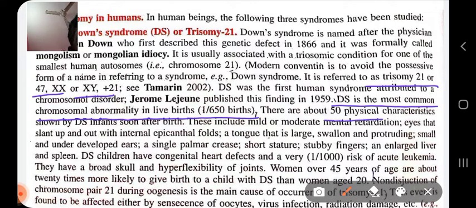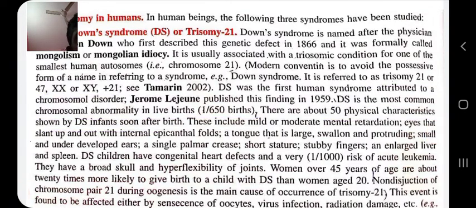There are about 50 physical characteristics shown by a Down syndrome infant soon after birth, which signify Down syndrome. What are the characteristics?